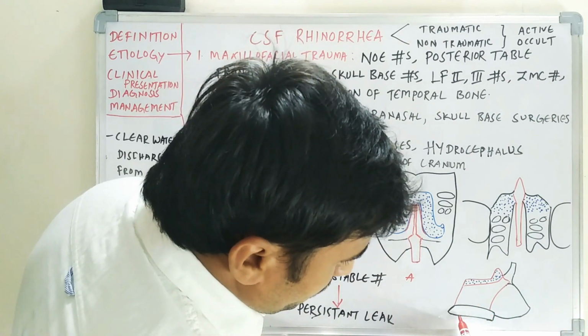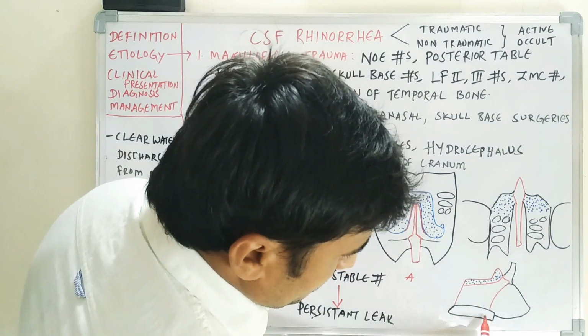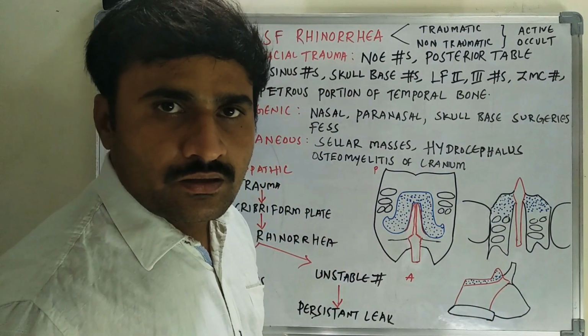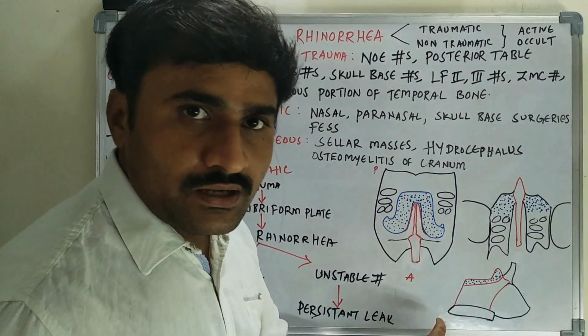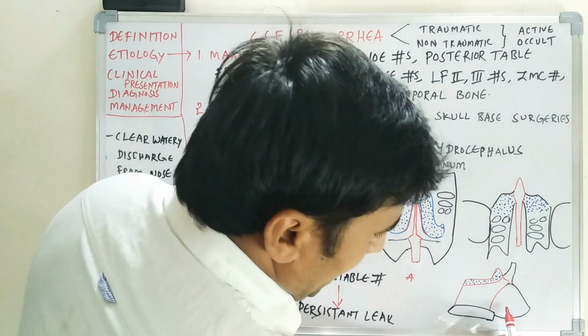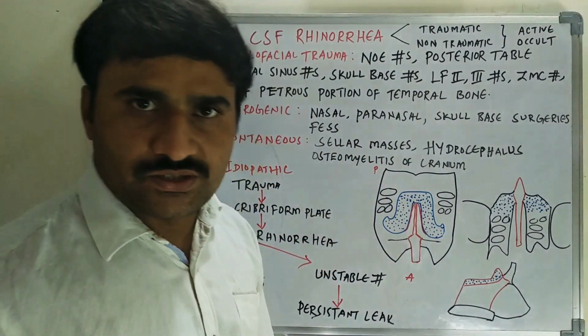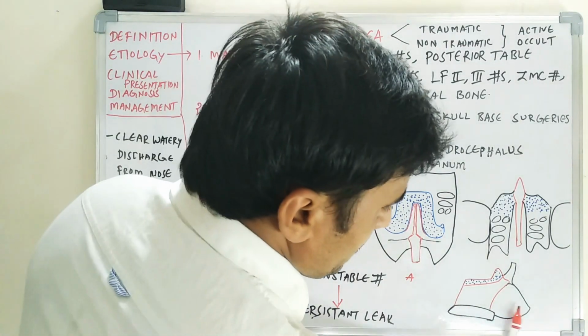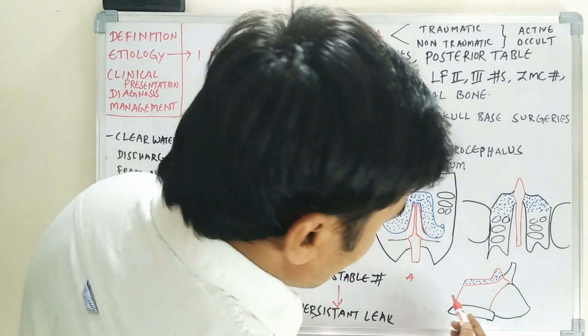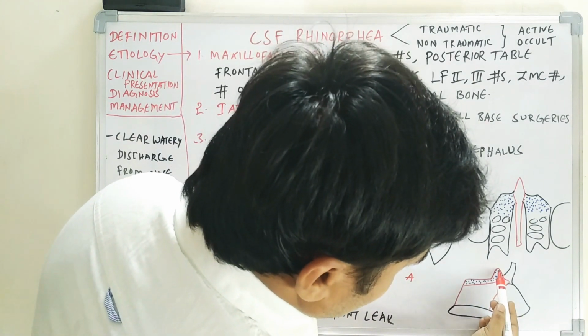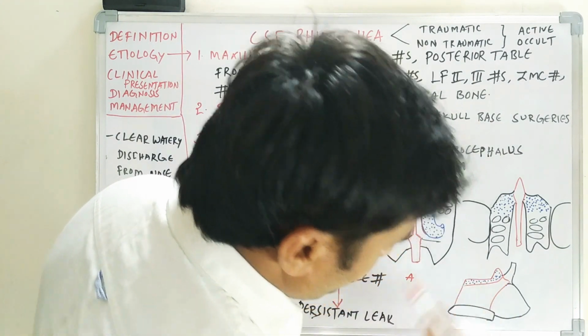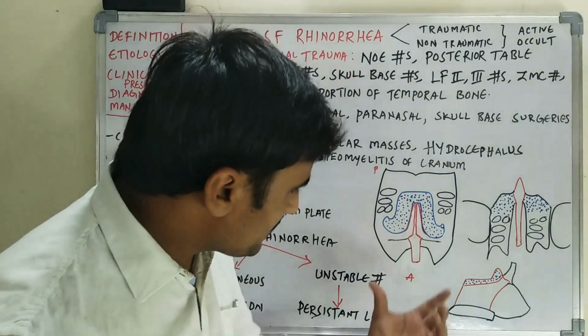In the posterior inferior view, we have the vomer. These are the 2 bones which form the bony nasal septum, and anteriorly it is formed by cartilage. In this view, this is the crista galli and this is the cribriform plate.